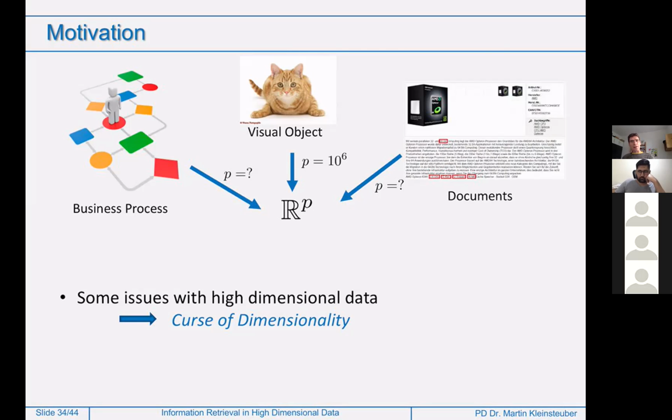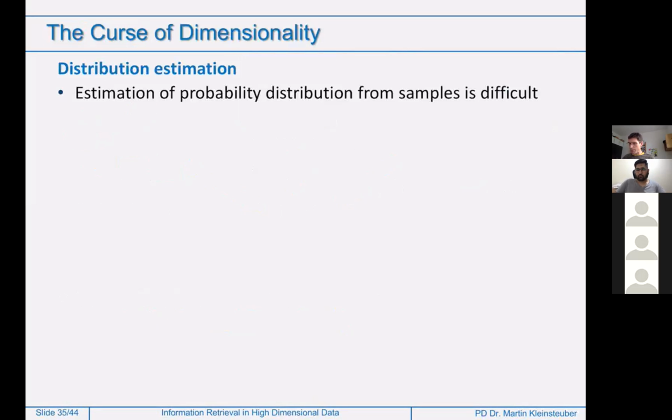And the less we know from our environment or from the data that we gather, the higher we choose the dimension, in order not to lose any important information. And this high dimension p causes us problems, and these problems are known as the curse of dimensionality.